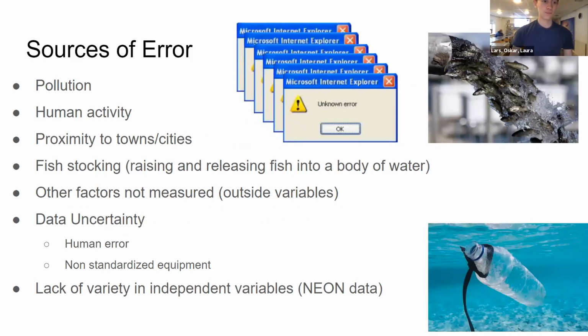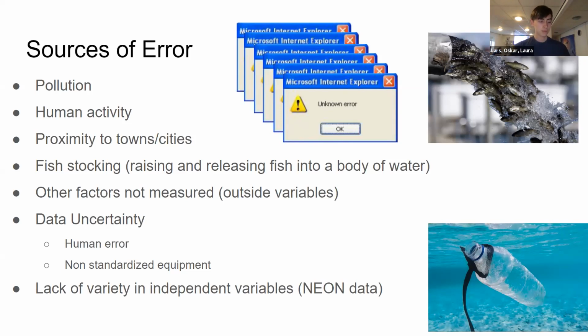Sources of error. Pollution, human activity, for example, trash. Proximity to towns and cities: if you are closer to cities and towns, there's a high chance that there will be more trash and more pollution. And fish stocking and other factors not measured, and data uncertainty.